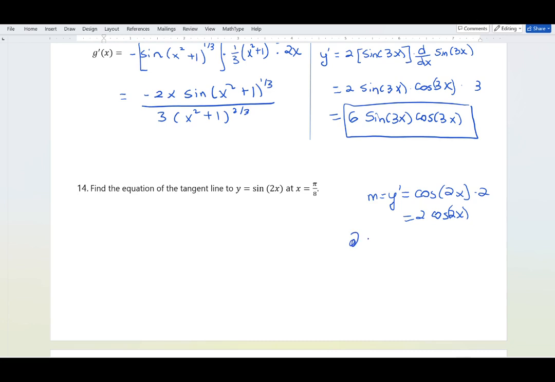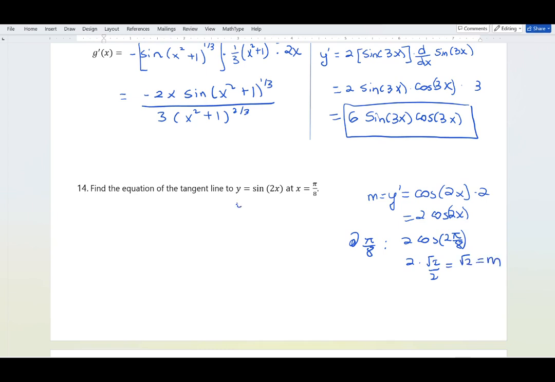So at the point pi over 8, we're going to have 2 times cosine of 2 times pi over 8. That simplifies the fraction. It'll be pi over 4, right? And cosine of pi over 4 is root 2 over 2. Multiplying with the 2 up front, we're just going to have square root of 2. This is going to be our slope for the tangent line.